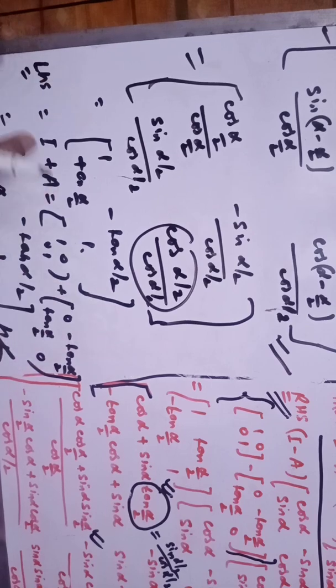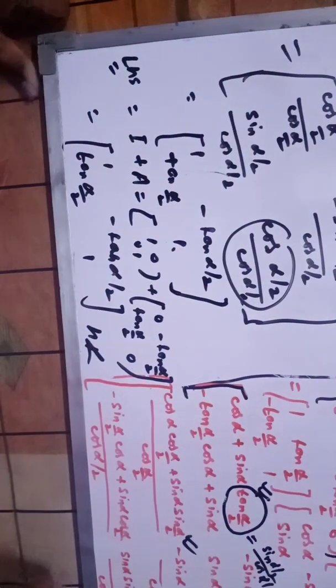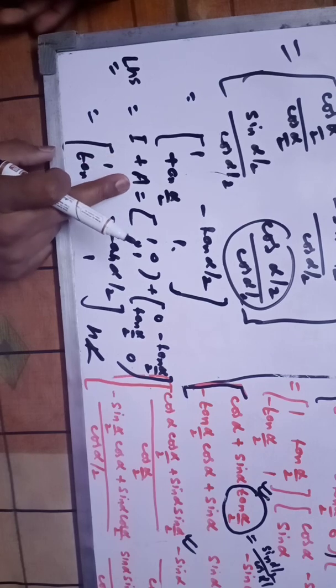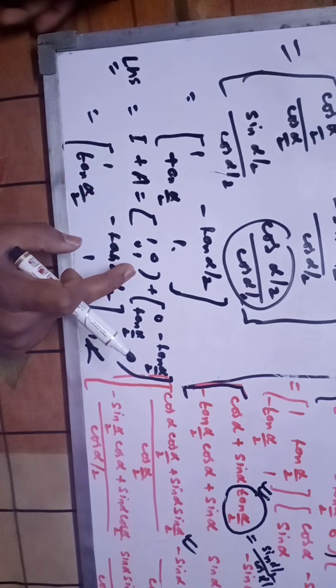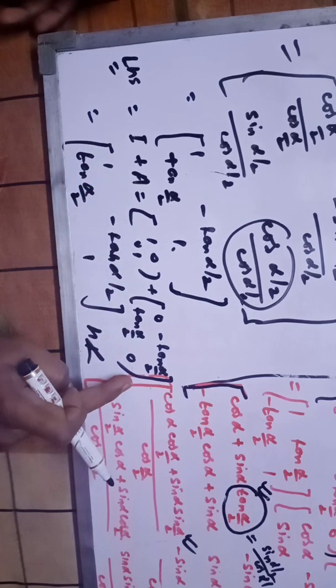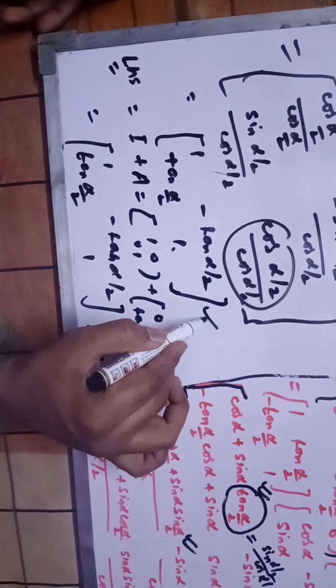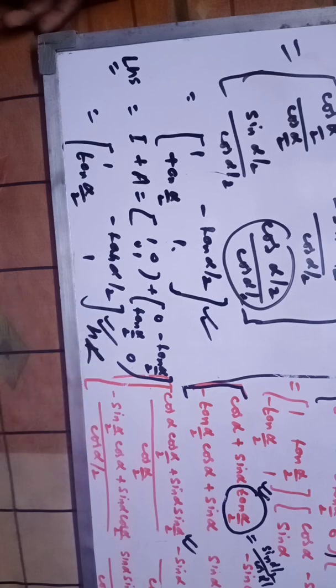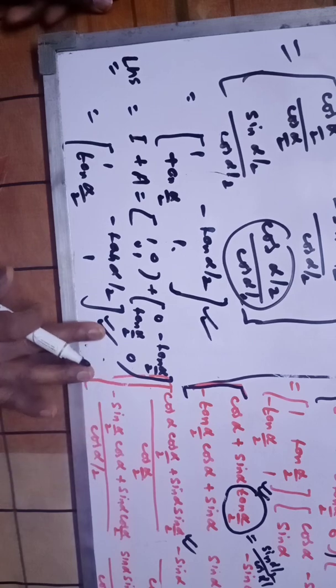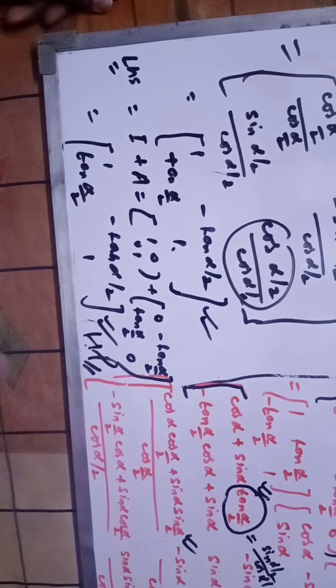And similarly, your left hand side is I plus A. I means the identity matrix, which is here, and A means this matrix A which is given to you. You have to just add, and you will get the same matrix as you are getting on the right hand side. Hence left hand side is equal to right hand side, hence proved. The question is hence proved.